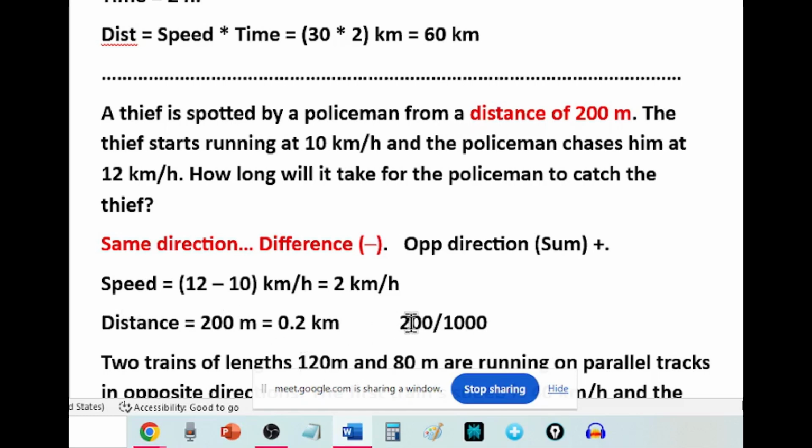So 2 zeros will cancel, these 2 zeros and these 2 zeros. So what you will get? 2 by 10.